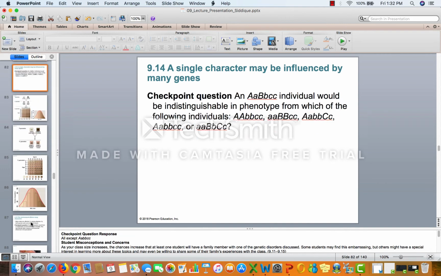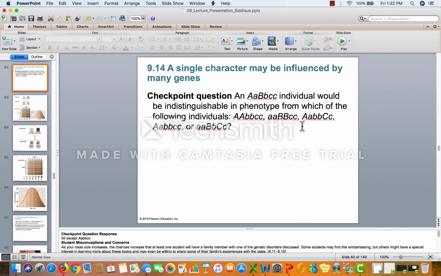So you've got a kid. He's got two heterozygous and one homozygous recessive individual. And it's indistinguishable genetically from a phenotype with these individuals, right? This individual would be indistinguishable in phenotype from which one of these, right?